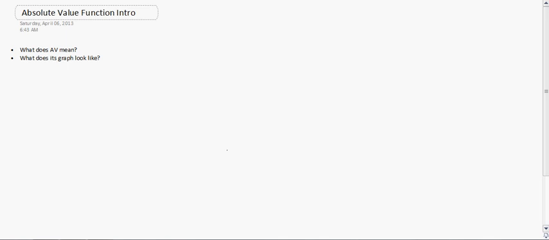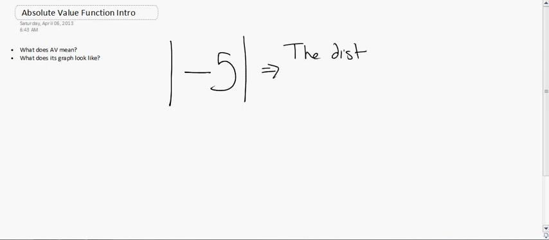So the first thing I want to remind everybody about is what absolute value means. What does it mean when I ask you to find the absolute value of a number like -5? What that is saying is, please find the distance. This means the distance -5 is from 0. How far away is -5 from 0?